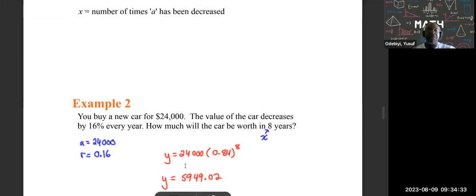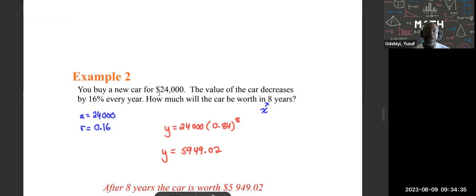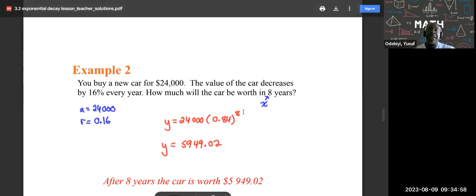I spent $24,000, and after 8 years I'm only going to get barely, just under $6,000. That's why a car is not an investment. Cars, for the most part, don't hold their value. That's just the life lesson right there.